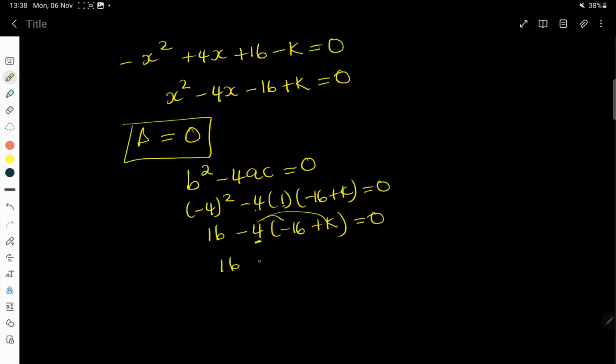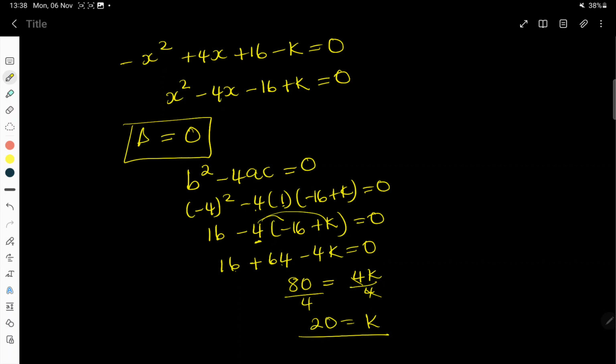It's going to be 16 plus 64 minus 4k is equal to 0. Then transpose the 4k to that side, so 16 plus 64 is 80 equals 4k. Then divide by 4. Then k will be 20. So k is 20.